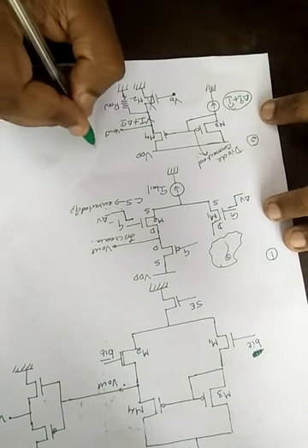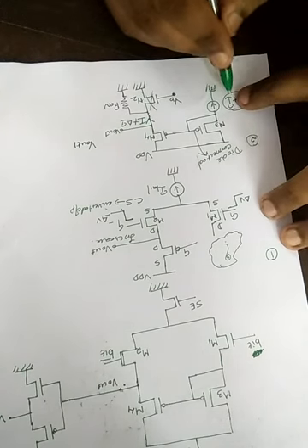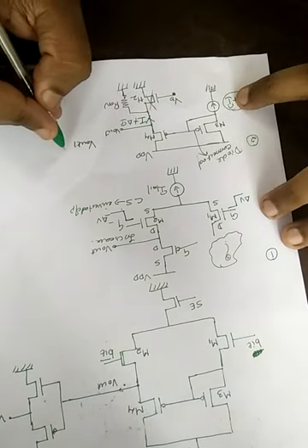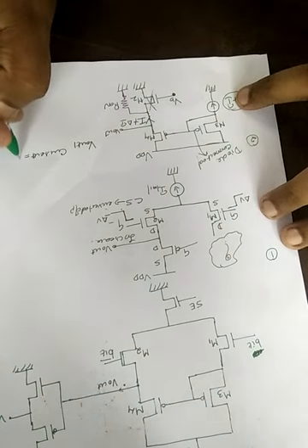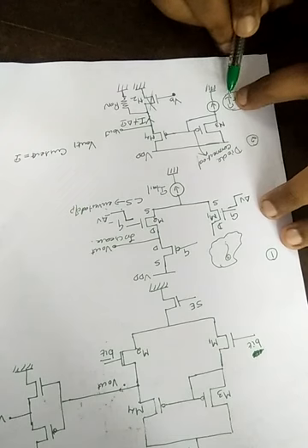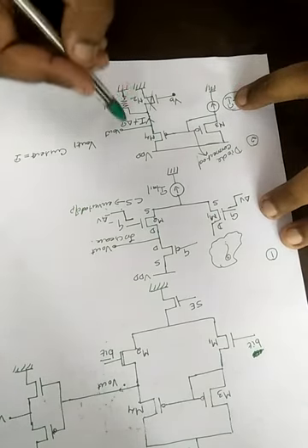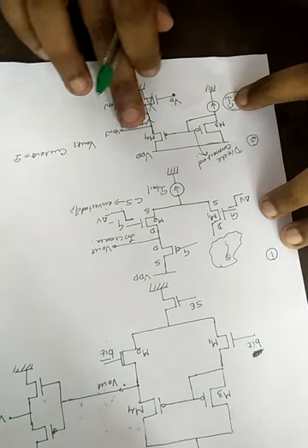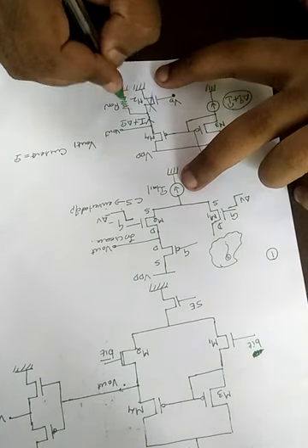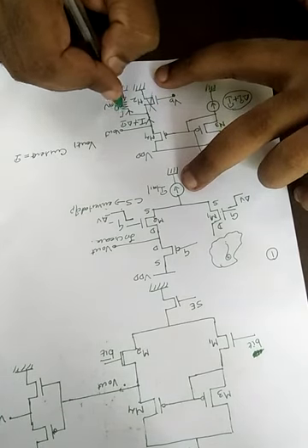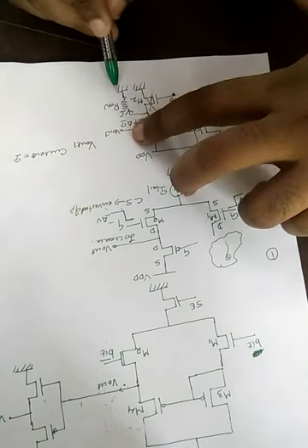So in the first case, what will be the output V out 1 when the current flowing through this arm is I? If this current is I, obviously, as per our discussion, the current flowing through the second arm should also be equal to I. So the current flowing through this resistor is also I in this case. Now what will be the output?